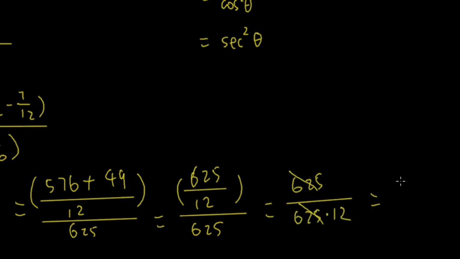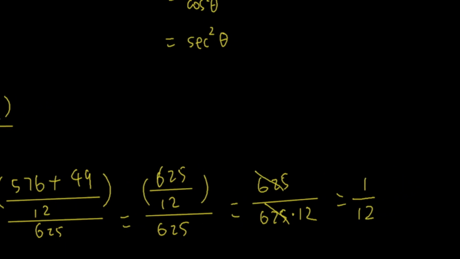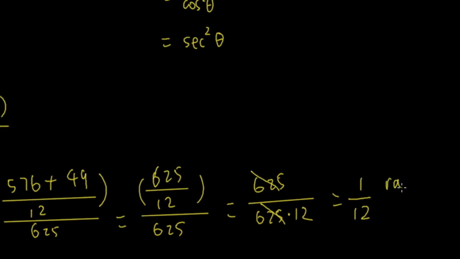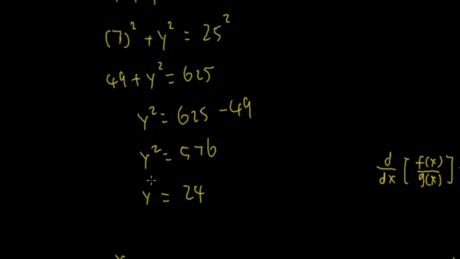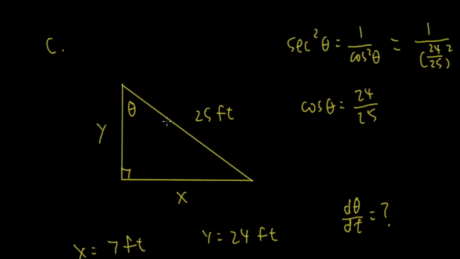These cancel out, and all I'm left with is 1 over 12. The unit is radians per second because that's an angle. Okay, so that's the answer to d theta over dt, the rate of change of the angle, here in part C.